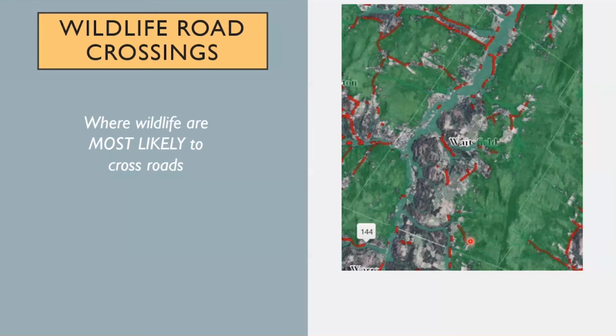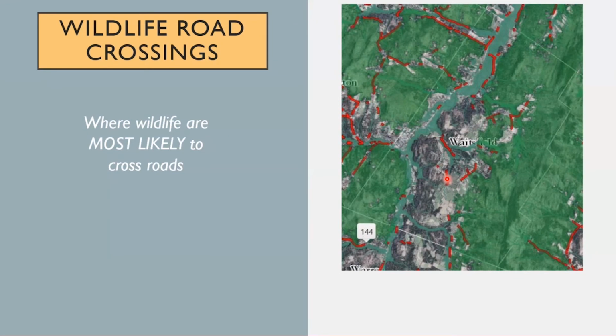And because it's a model, it's pretty expansive, and it includes some connectors that I'm not convinced are viable. So the wildlife road crossings data set, in my opinion, is not suitable for immediately attaching to a regulation, aside from a heightened level of review type of standard.